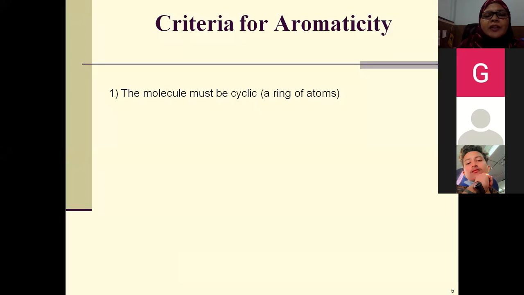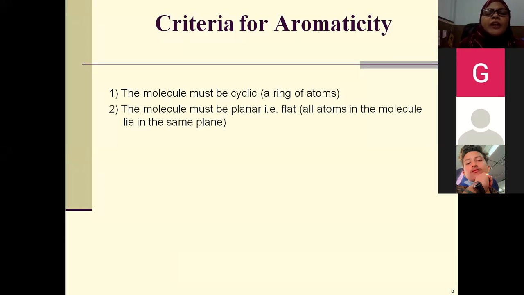Then only it will show aromaticity. The second is that the molecule must be planar. Planar means they must have a flat structure, so all atoms of the molecule lie in the same plane. So the molecule must be cyclic and planar, then only it shows aromaticity.